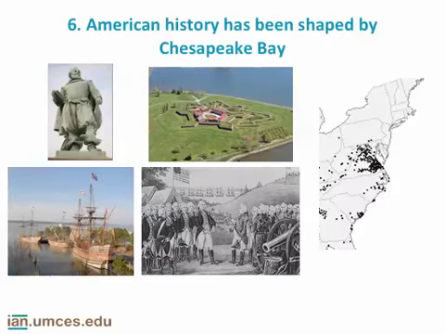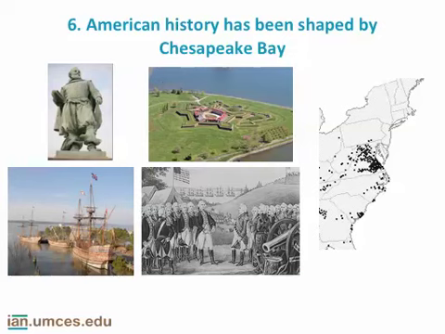Number 6, American history has been shaped by Chesapeake Bay. You can see John Smith statue there. This is Fort McHenry, a photograph where defending Baltimore from the British, as part of the War of 1812, Francis Scott Key wrote the Star Spangled Banner.